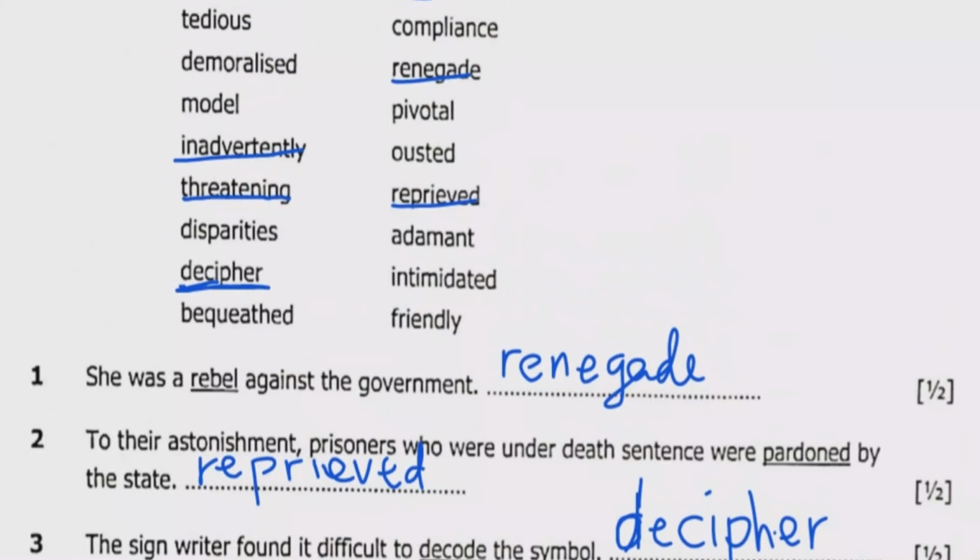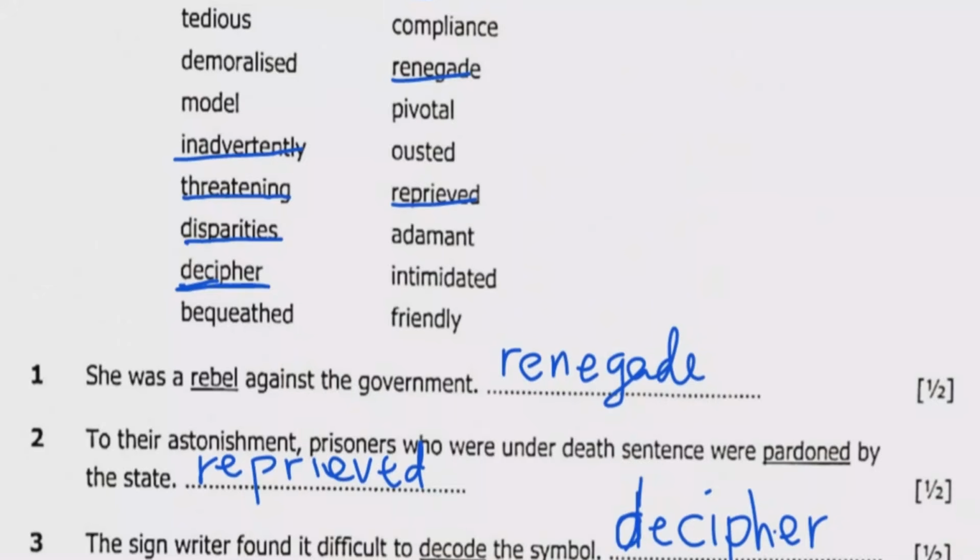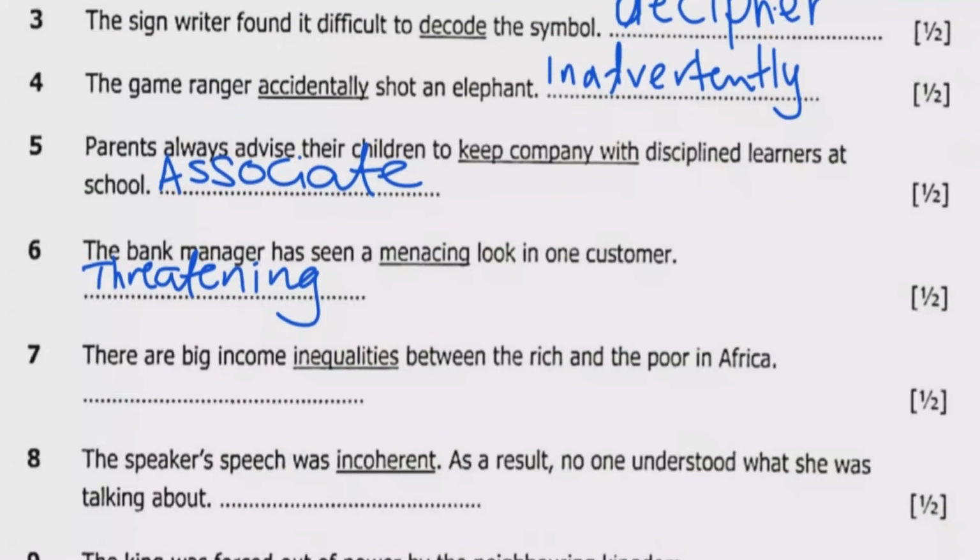That is disparity. Disparities means inequalities. So we can definitely write that word, disparities. So that is the answer.